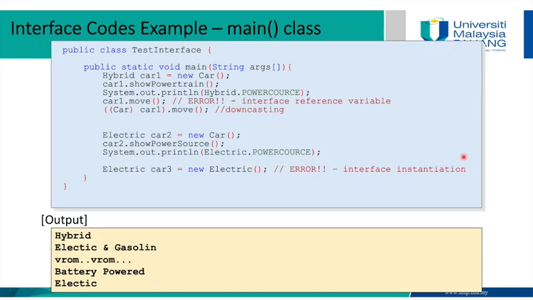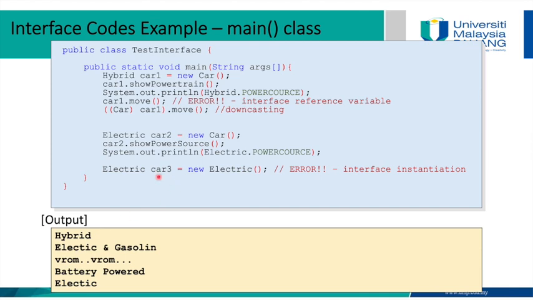In the main class, when you want to test the code, test interface, you declare an instance and print out the output from the code. So you will get this output.